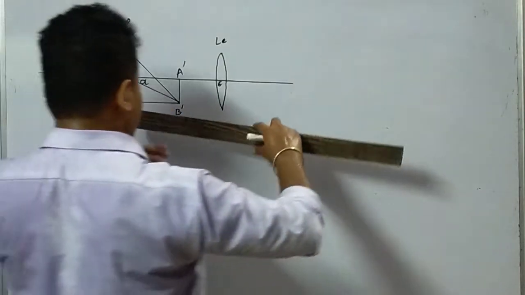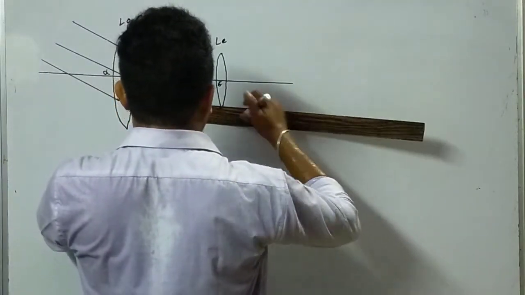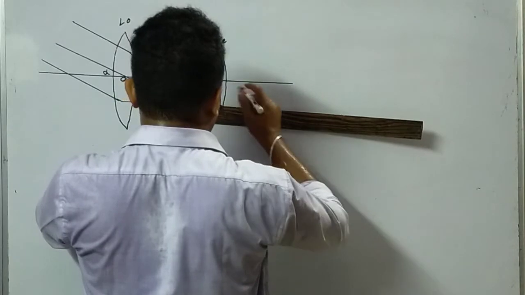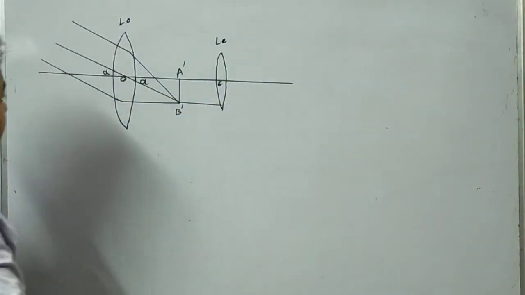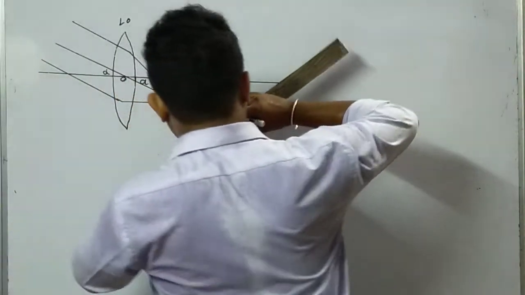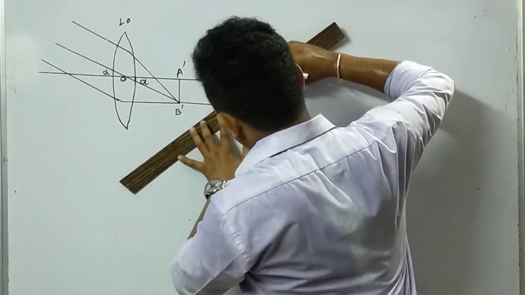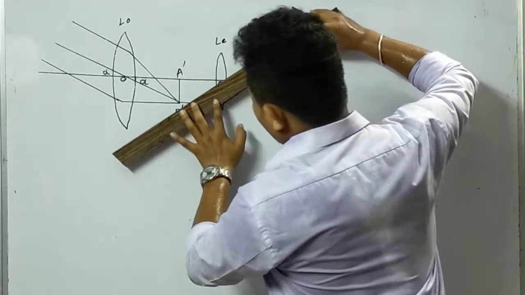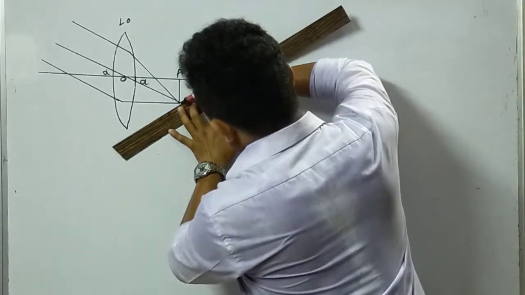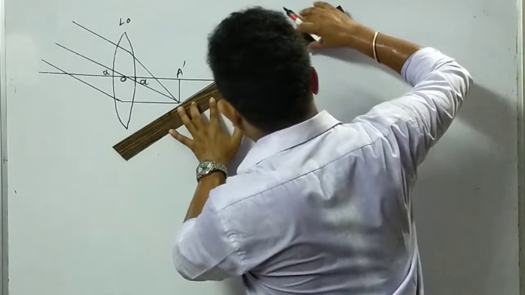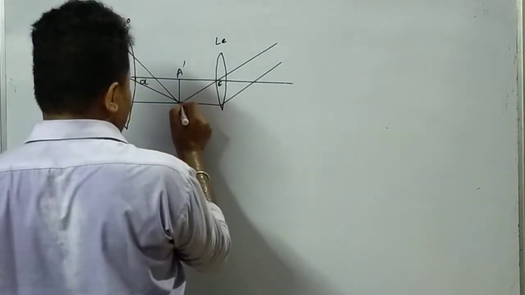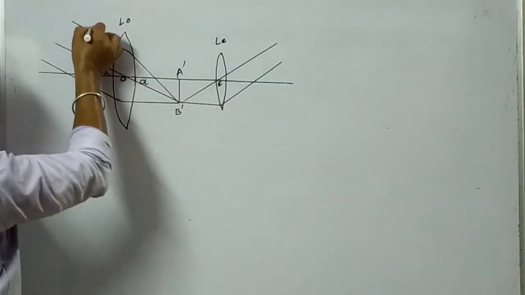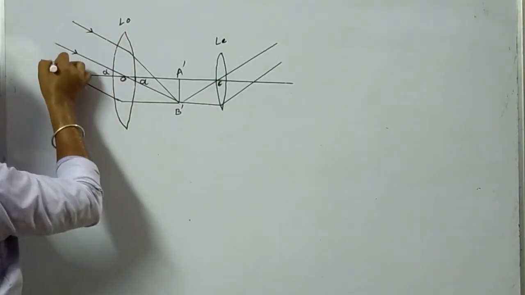So what will happen then? Let's see. This ray will go like that, and this will go to the principal focus. This ray will go like that. That means what you can see, these are the directions in the diagram. Don't forget to put the directions. These are essential.